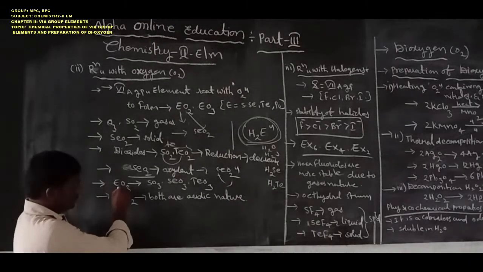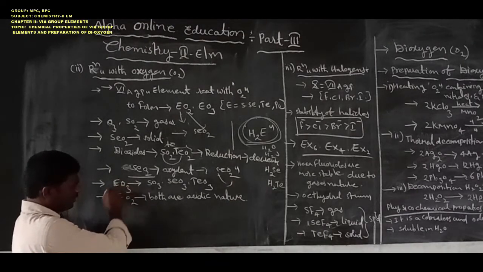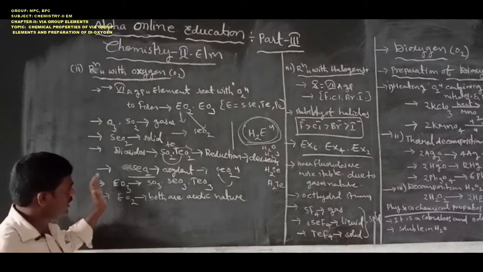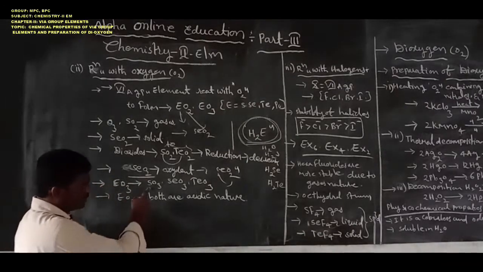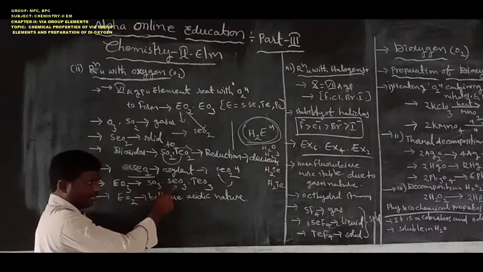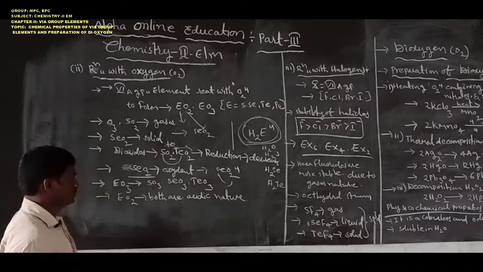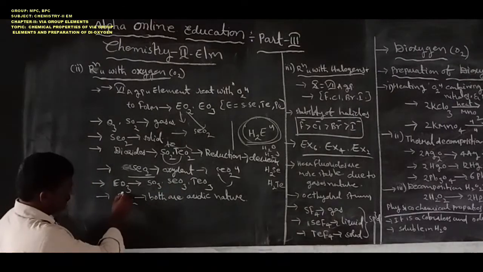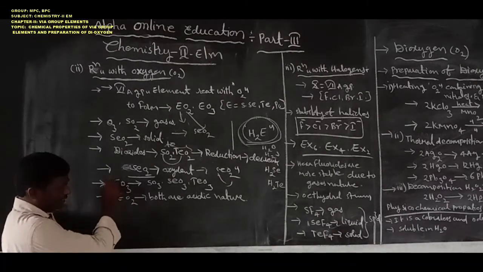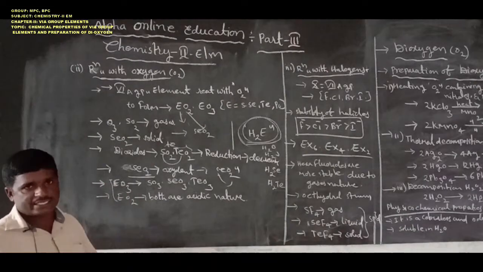Remaining is the EO3 type of oxide, also called trioxide. For example, sulfur trioxide, selenium trioxide, tellurium trioxide. Both EO2 and EO3, dioxides and trioxides, are acidic in nature.